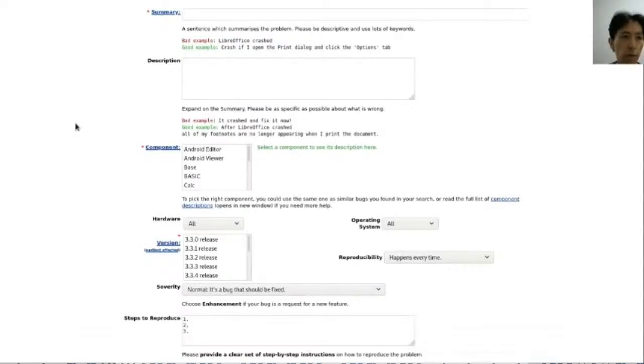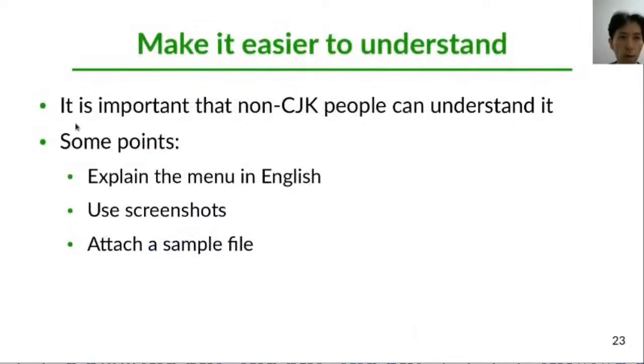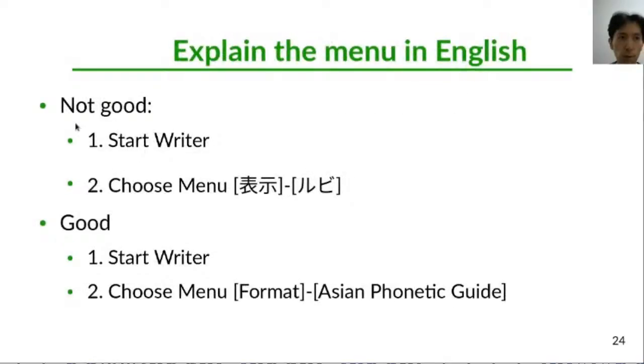And this is the TDF Bugzilla, where you submit a screenshot. It is important that non-CJK people can understand it. Point one, explain the menu in English. In some cases, you choose a menu, Hyoji, Ruby. Oh, it is Japanese.